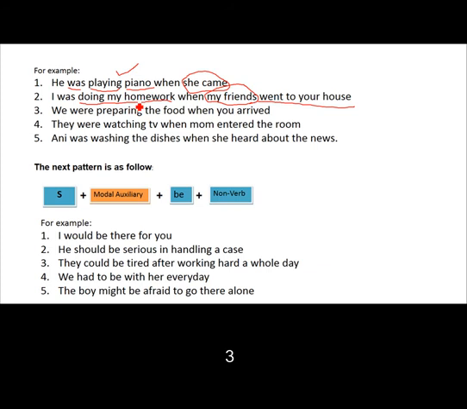Because I was doing my homework. I hope you can imagine the activities. I was doing my homework, then suddenly my friend called me, telling me that they were on the way to your house. Let's see the third example. We were preparing the food when you arrived. So at the time you arrived at my home, we were preparing the food.